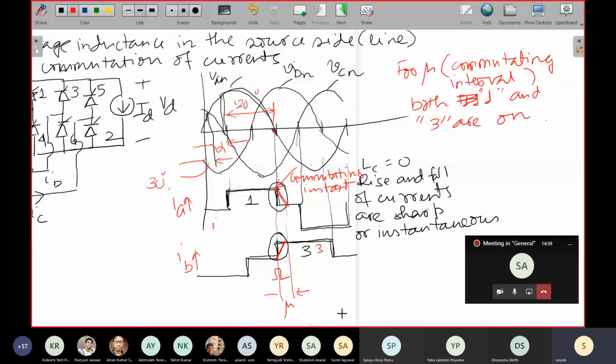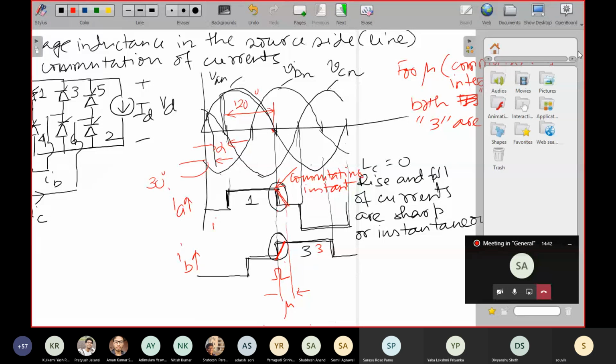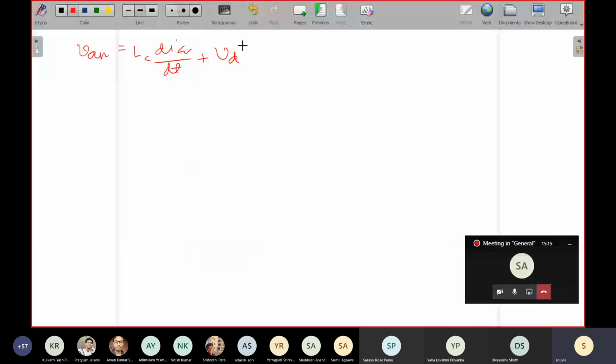Okay, so what I do is, I write the equation a little bit, or one more time I will draw it: Lc di_a by dt plus VD dash. Okay, what is the equation?